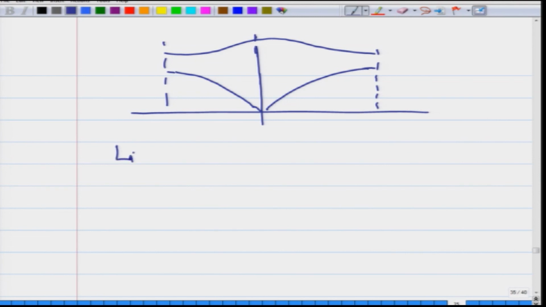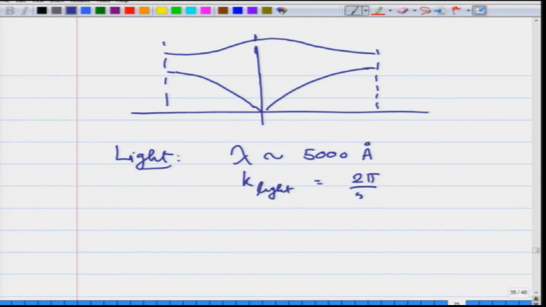When we considered light, we found that lambda for light is almost of the order of 5000 angstrom, and k light is 2 pi over 5000, which is much less than k phonon, which is more like 2 pi over 1 angstrom. So, it is almost 0.